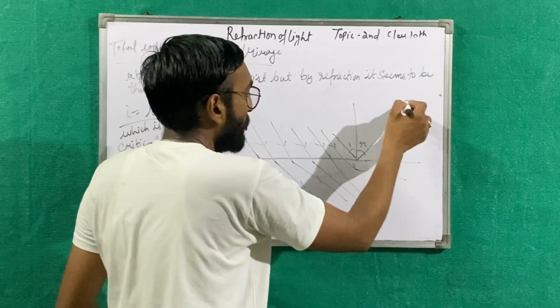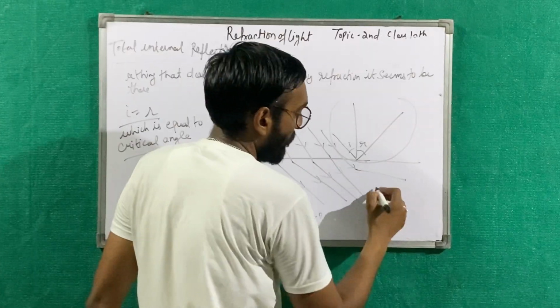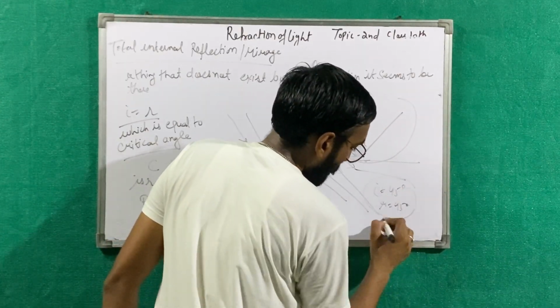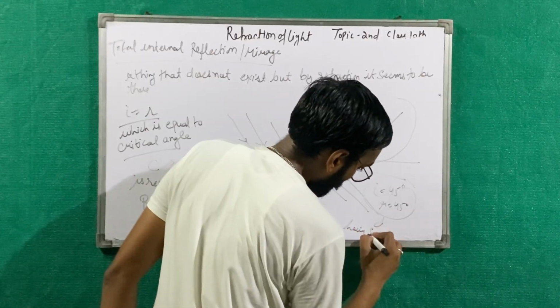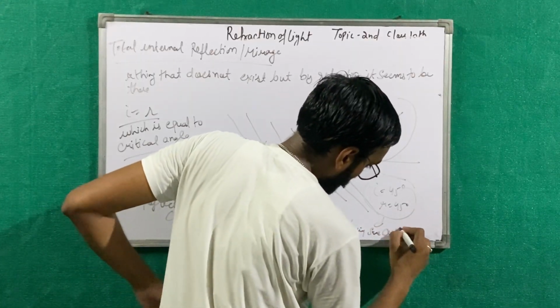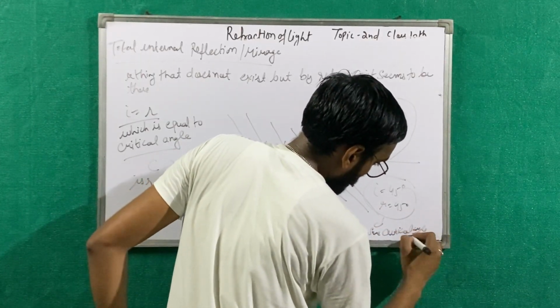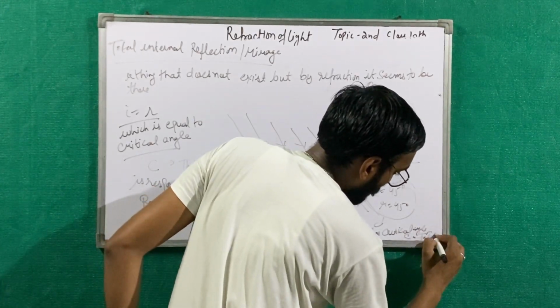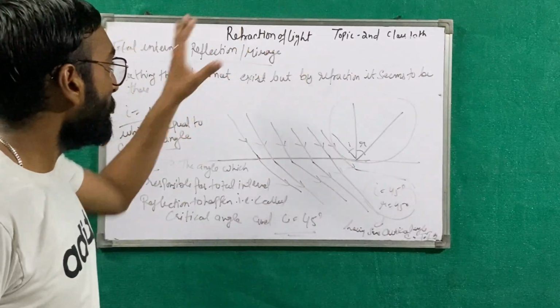So where the light strikes, I is equal to 45, R is equal to 45, having the same critical angle, that is TIR, total internal reflection, or mirage.